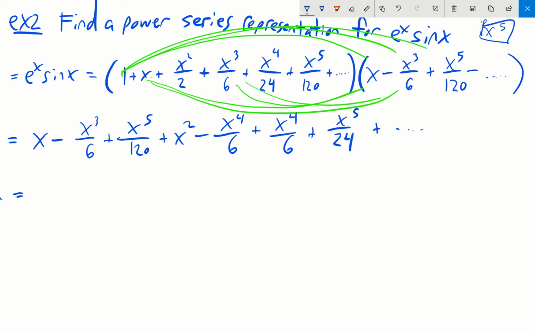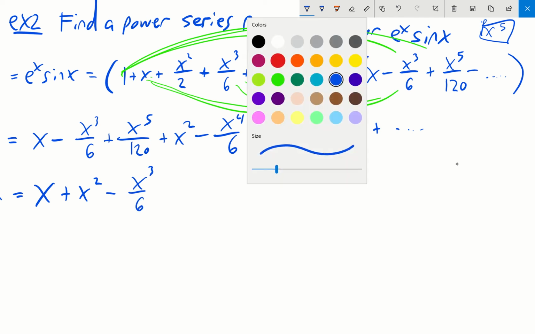Let's try and combine what we can, writing them in standard form from lowest powers to highest powers. So we have an x term, which is right here. We then have an x squared term, which is going to be right here. We have an x cubed term. This is x cubed over 6. Now our x to the 4th terms cancel.